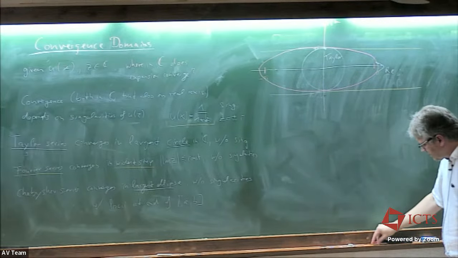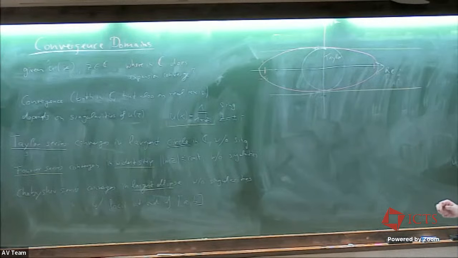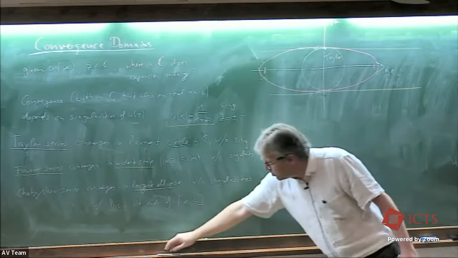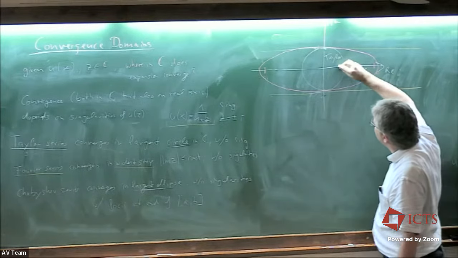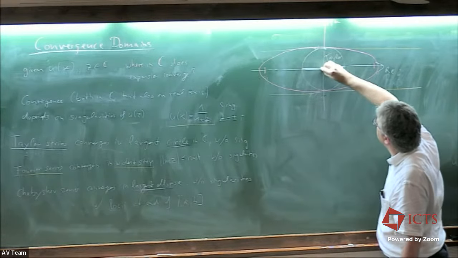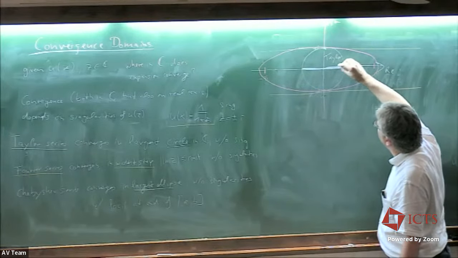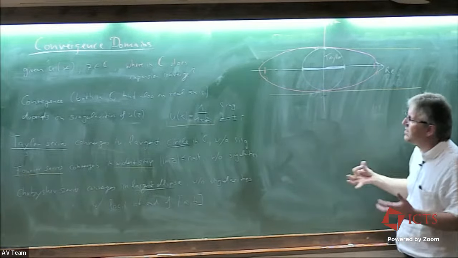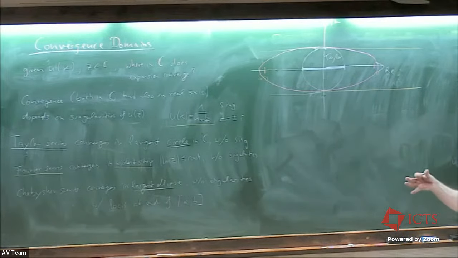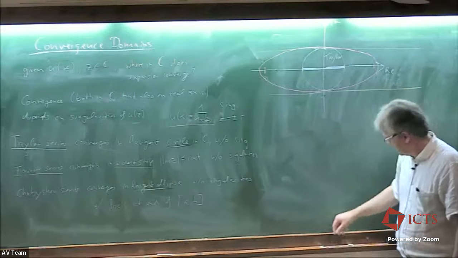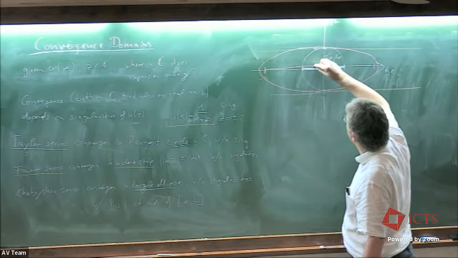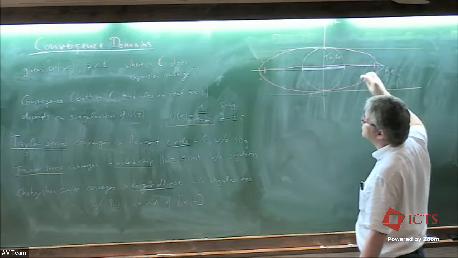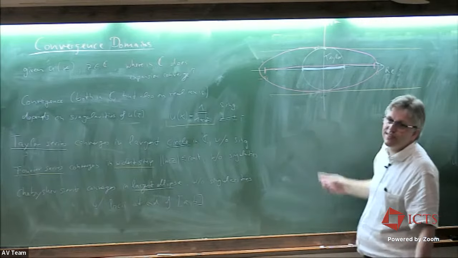The important point to note, since these are the complex plane results but we're only interested in real numbers, is that the Taylor series typically only works on a reasonably short part of the real axis. Chebyshev and Fourier series can go all the way between plus minus pi for this particular example, if I happen to choose plus minus pi.